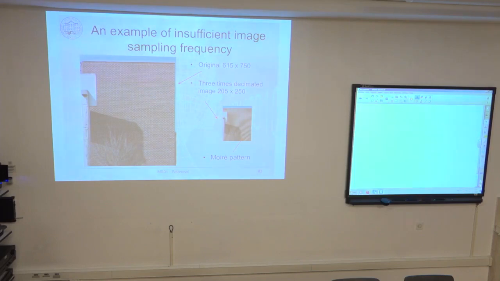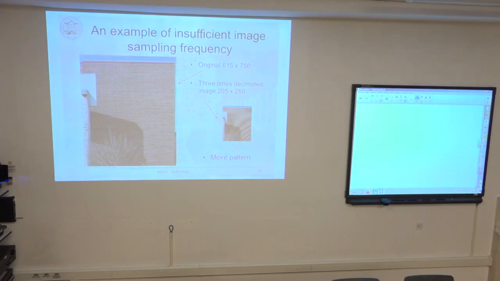Yeah. So the fact is that the changes in the image itself are too fast for this kind of sampling rate. And it happens, for example, when you have a suit that has a regular pattern, and you stand in front of the camera at a certain appropriate distance from this camera, this separation between stripes becomes comparable with the pixel size.